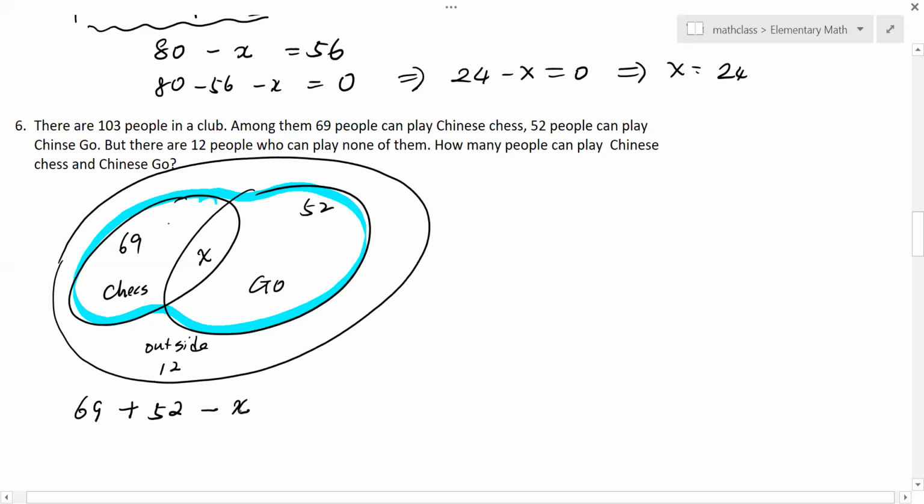Because if you just add those two numbers together, you double count the number of people in the middle. So you subtract X from the sum, and then you add 12, the people who cannot play any of the games. Then you end up with 103.